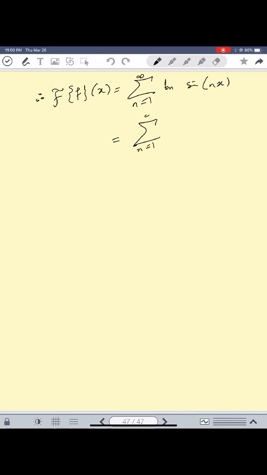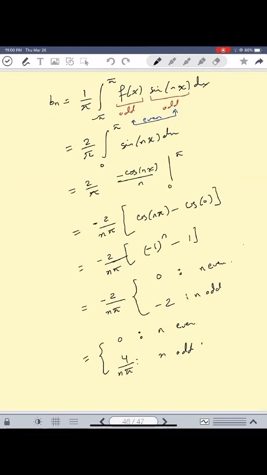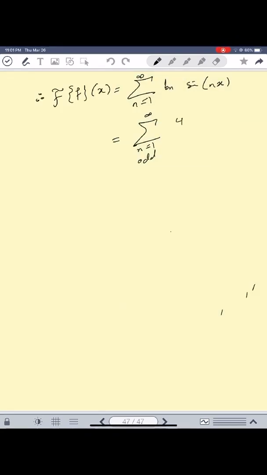The bn, when n is even, is 0. That means when you're running this summation, you're just running over the odd indices, right? So 1 counts, but the 2, the 4, the 6, they don't count. So you're just computing for the odd, and when n is odd, what is the bn? It's 4 over n pi. So this is 4 over n pi times sine nx.